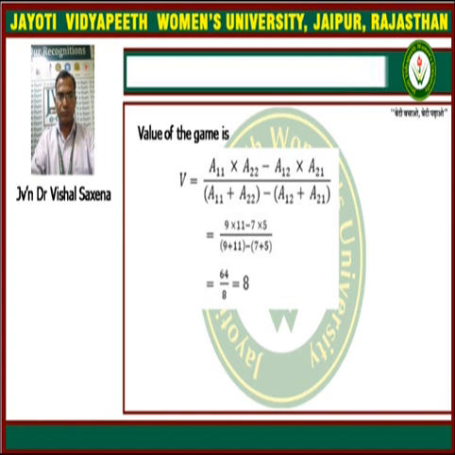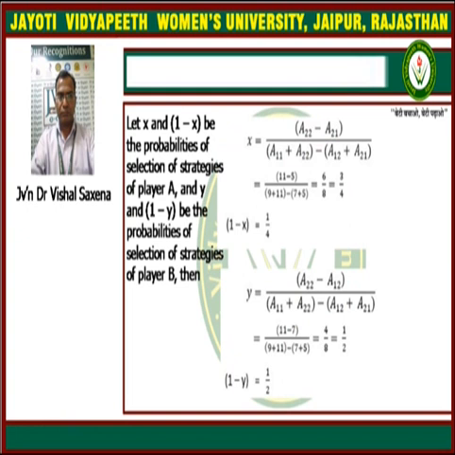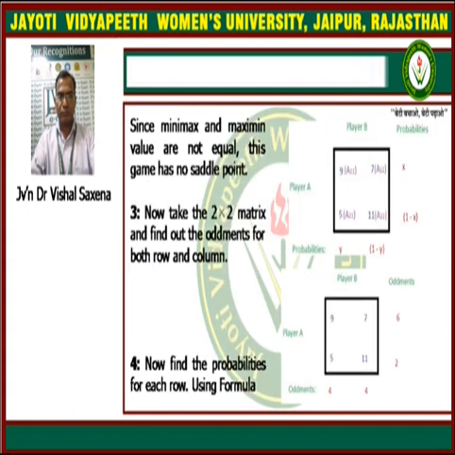So the Oddment method is a procedure where we first find the oddments, then we apply the formula for finding the probabilities, and then we use the formula to find the value of the game.